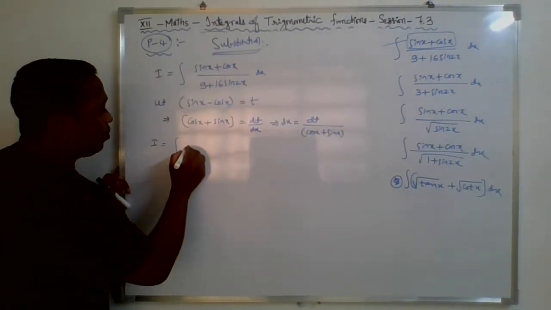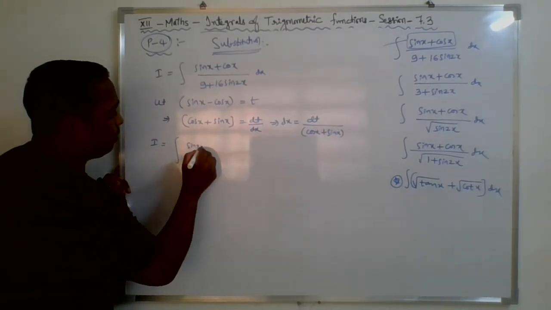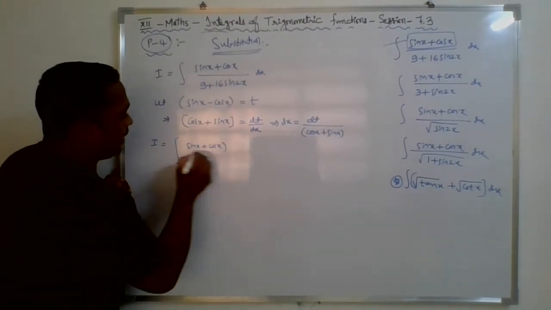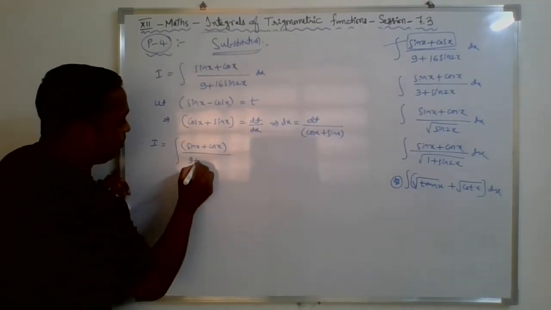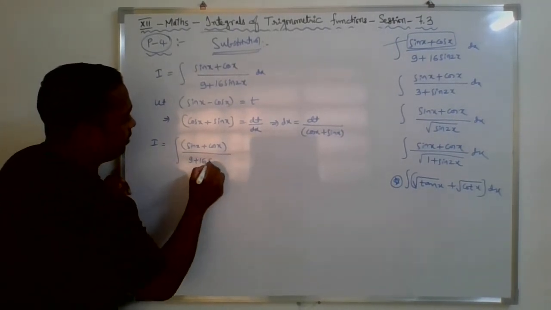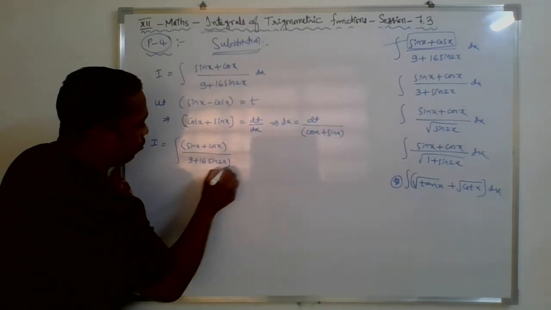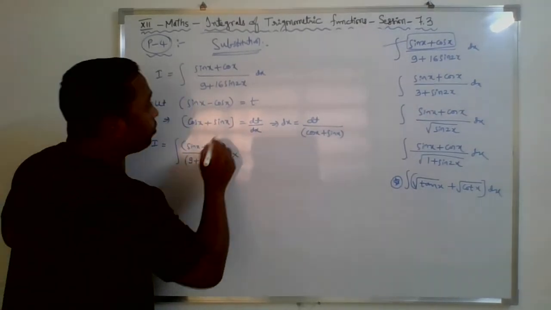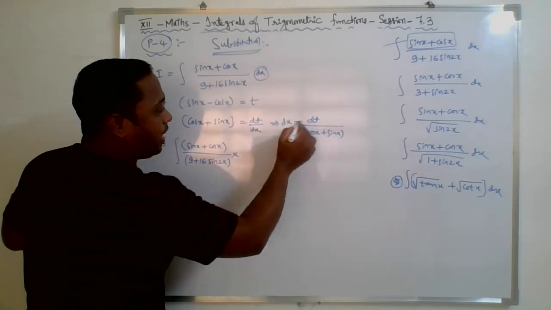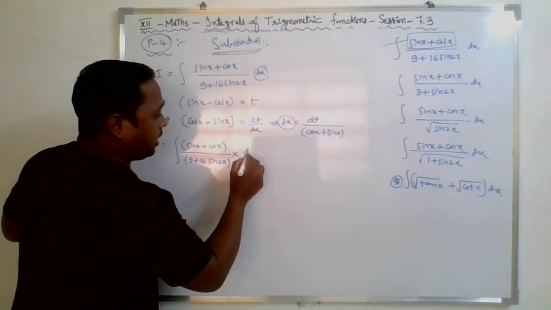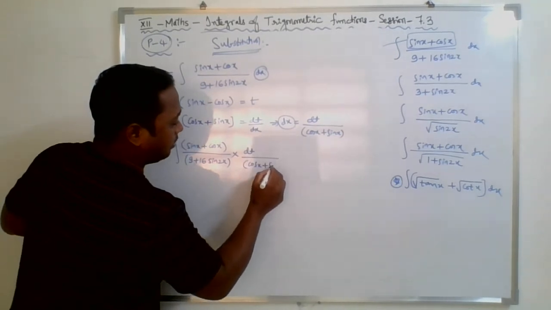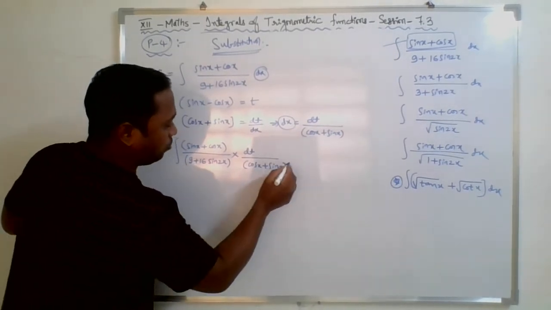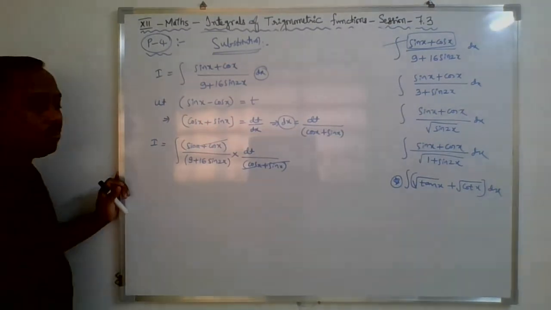See, sin x plus cos x upon 9 plus 16 sin 2x, into, in place of dx, I can write dt upon cos x plus sin x. So ultimately these two get cancelled.